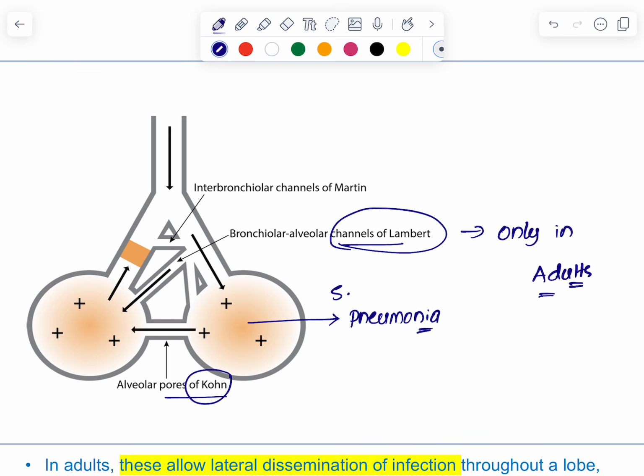So in adults, the infection spreads from one alveolus to the other alveoli in that entire lobe, resulting in lobar pneumonia or lobar consolidation.